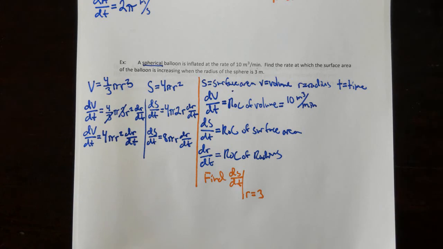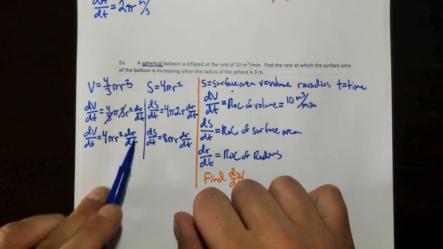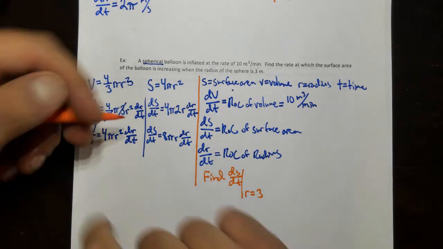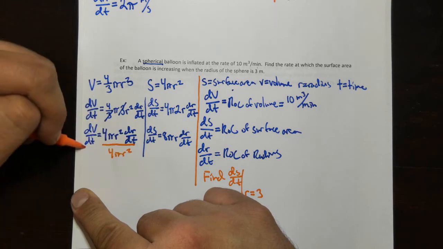Now, we want to be able to relate them to each other. So what I'm going to do is take one of the functions and solve for dr/dt, since they both have dr/dt in it. So I'm going to take the left one and solve for dr/dt, which means we need to divide both sides by 4 pi r squared.